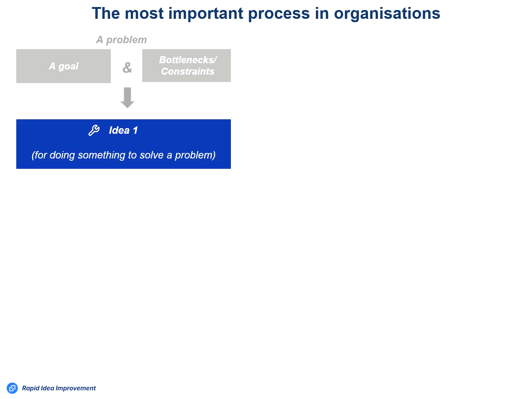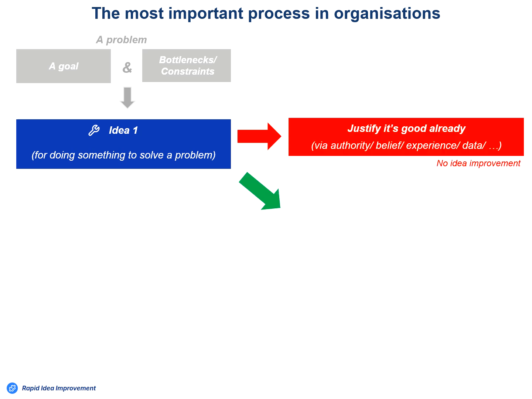What happens next is that you come up with an idea. You come up with an idea to solve the problem, an idea for doing something that fixes the bottleneck and constraints in such a way that the goal is reached. Now, from there on, we have two routes. First, the bad route is to justify that that idea is good already.